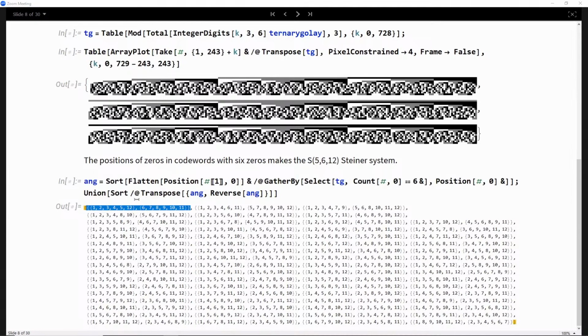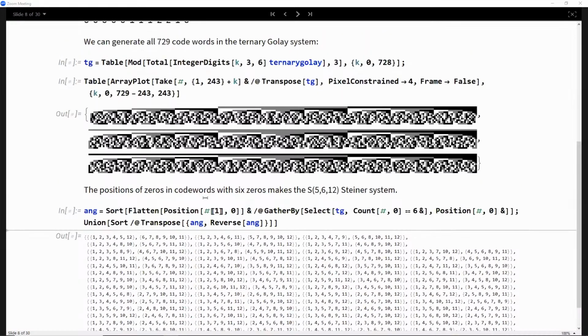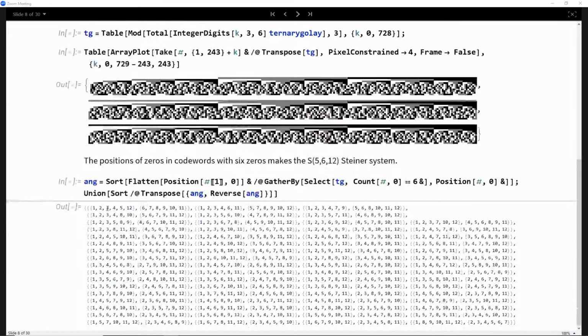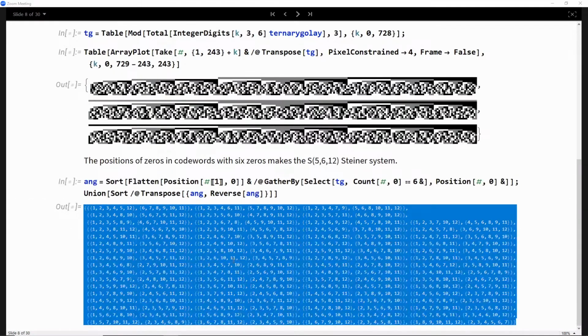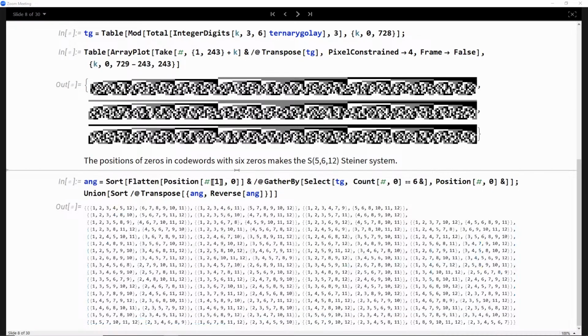And they come in pairs. The 1, 2, 3, 5, 12 is balanced by 6, 7, 8, 9, 10, 11. Basically, if I took all the codes, they pair up like so to make a complete Steiner system.